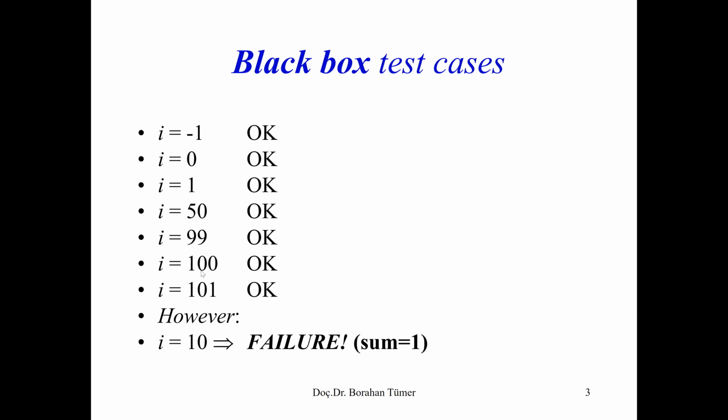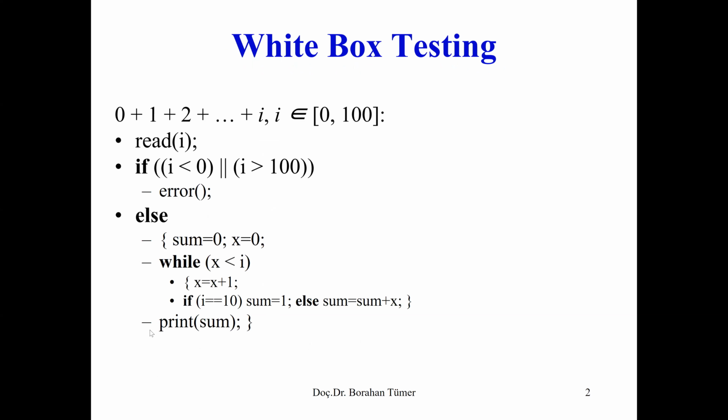We have in hand a functionality for the software product which is supposed to find the summation of the integers up to a value of I. We don't include, of course, this I equal to 10 test case.